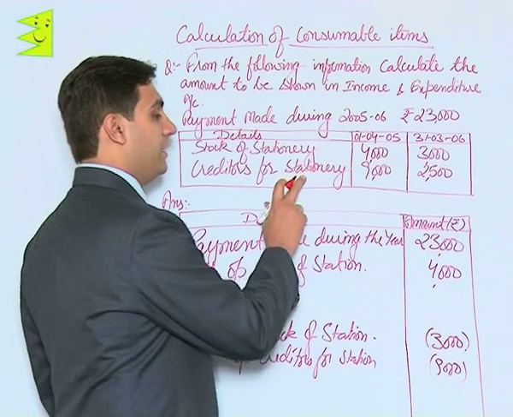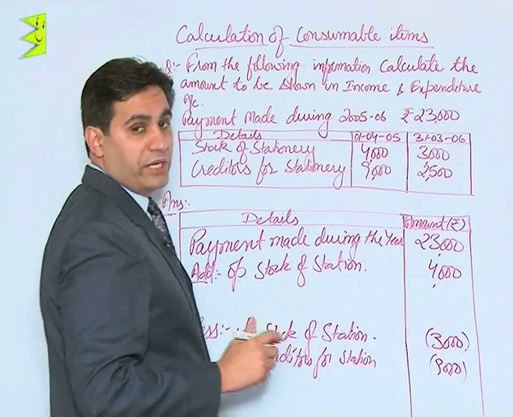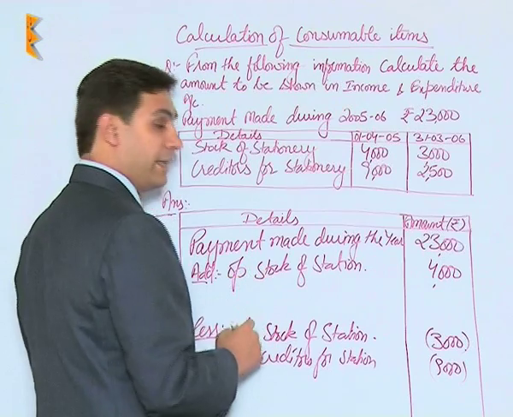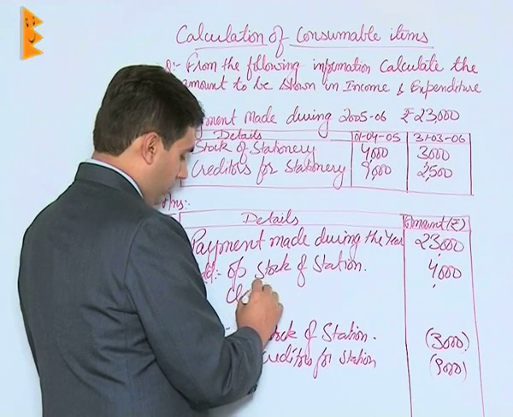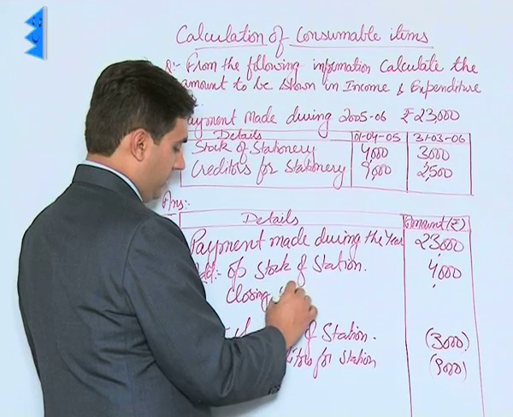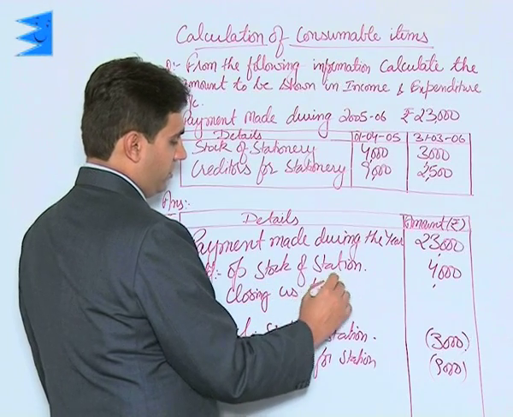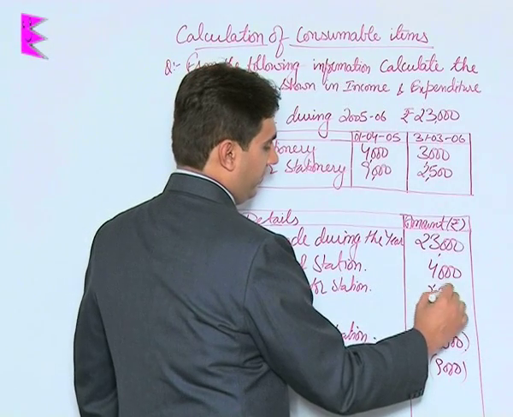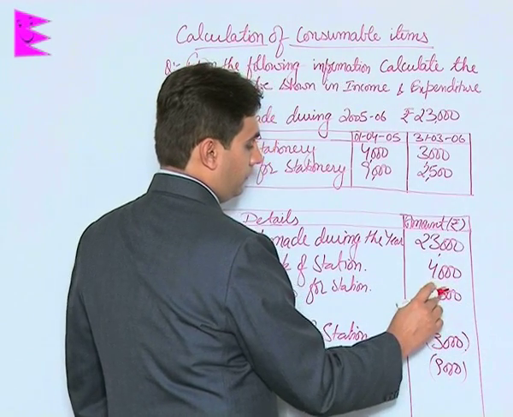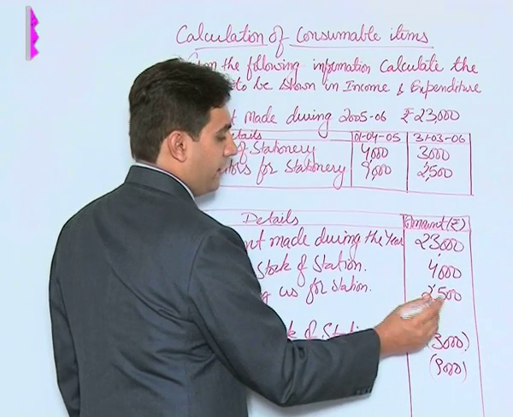Then we have creditors for stationery at the end, 2,500. So applying the same concept, this should be added. Closing creditors for stationery 2,500. Again, why they would be added?